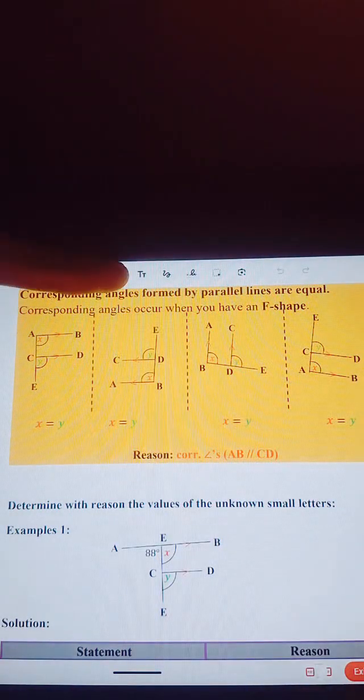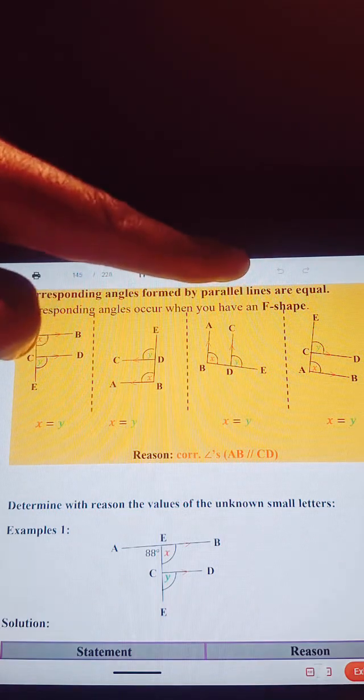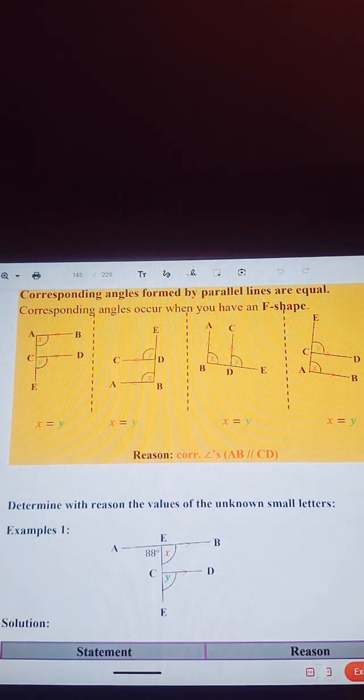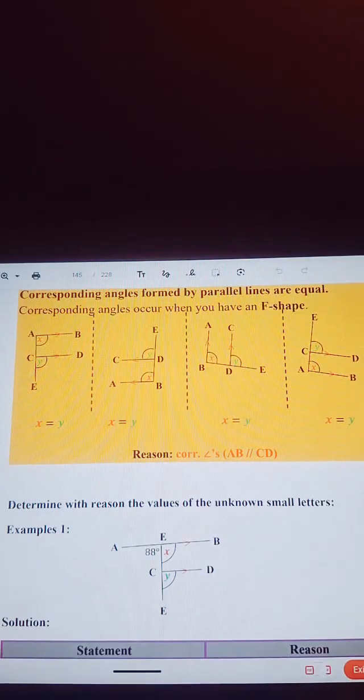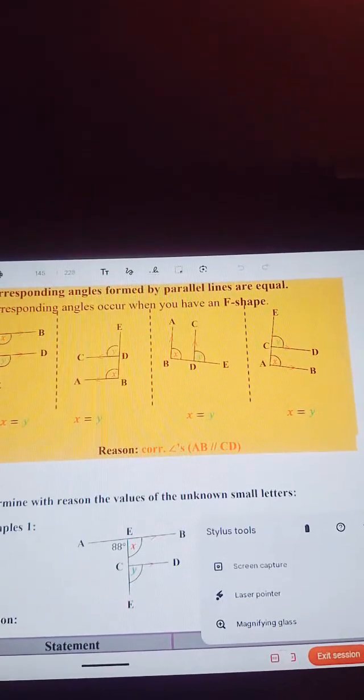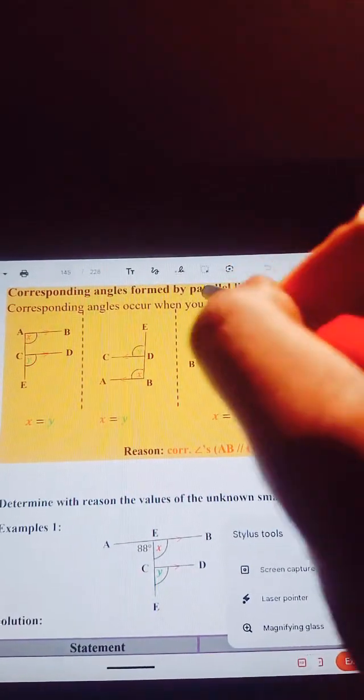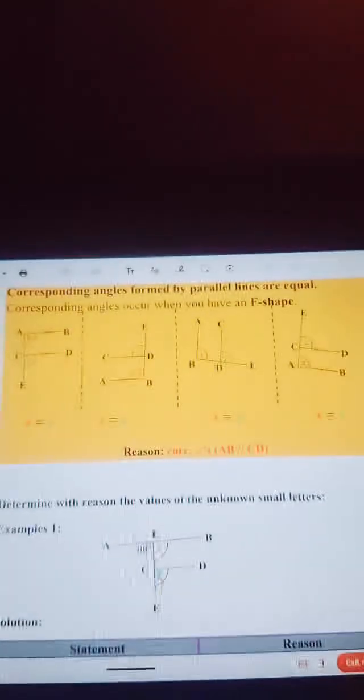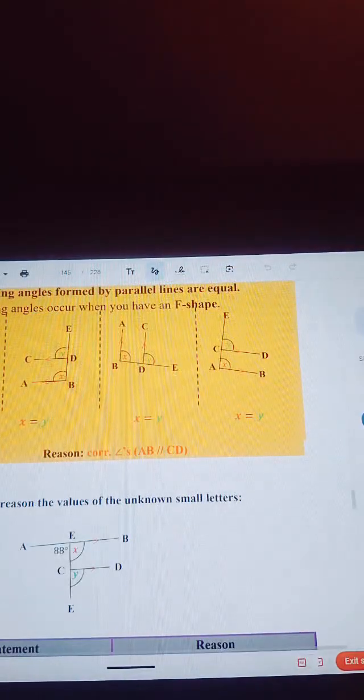But as it says in the statement, the corresponding angles formed by what? Parallel lines. That is the word that basically makes the equality of angles a reality. It's the fact that these angles are found where parallel lines exist.